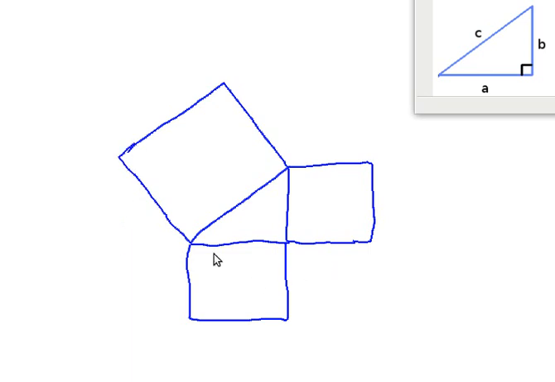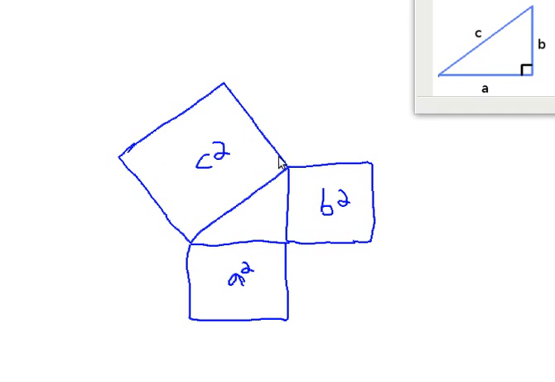This is a squared, this is b squared, this is c squared. So the area of this box plus the area of this box equals the area of this box.